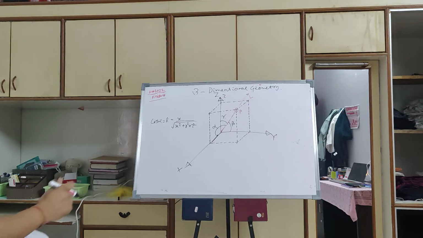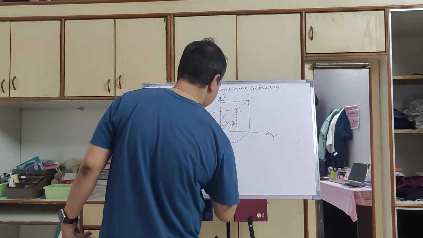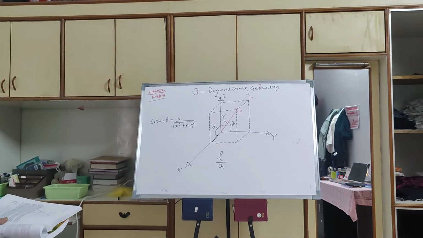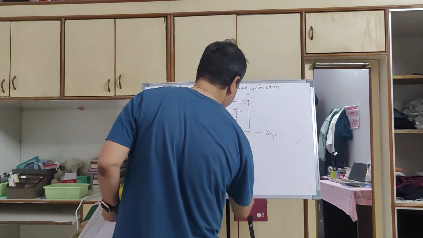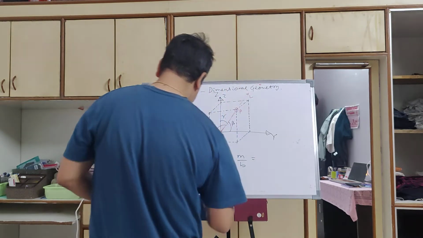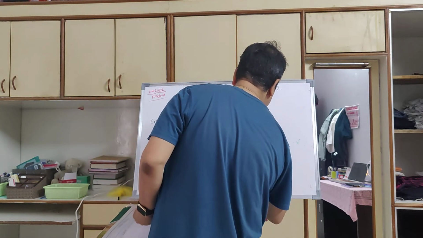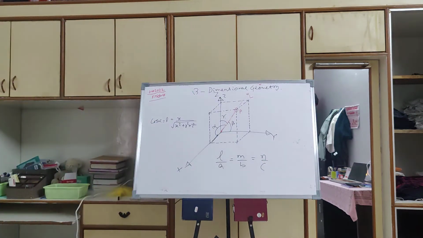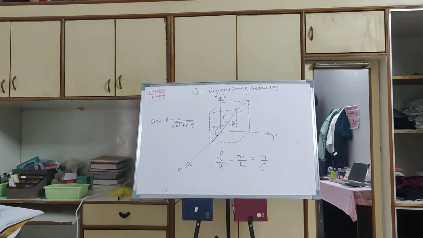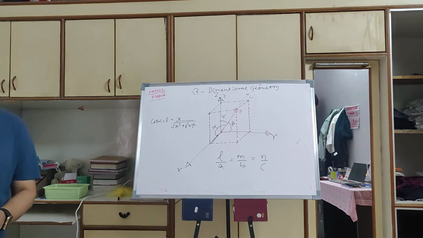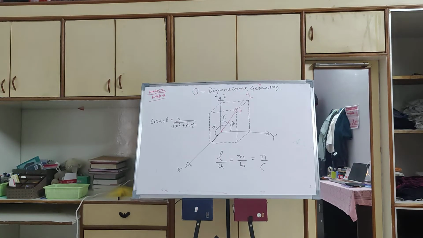So let us say L by A, then M by B is equal to N by C. Let us see what he has given.